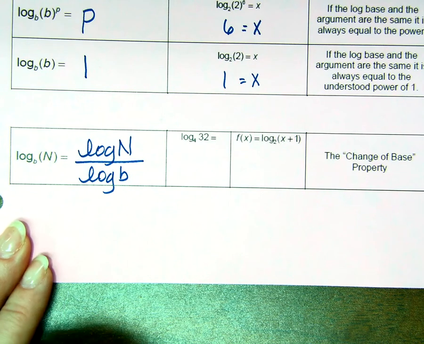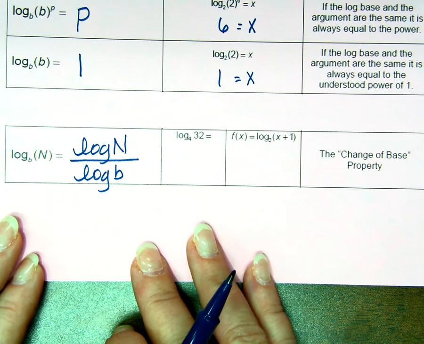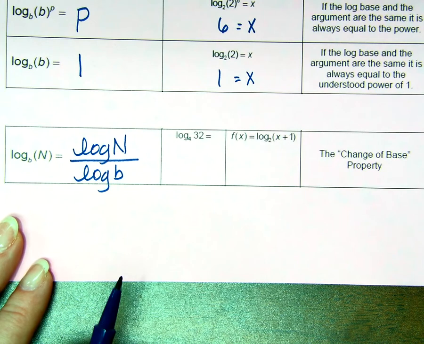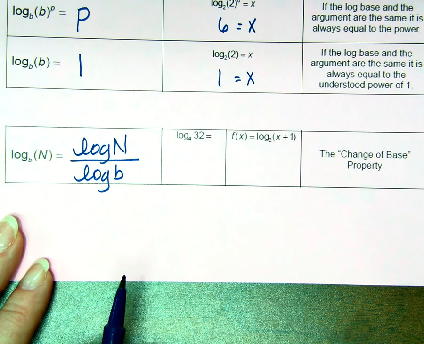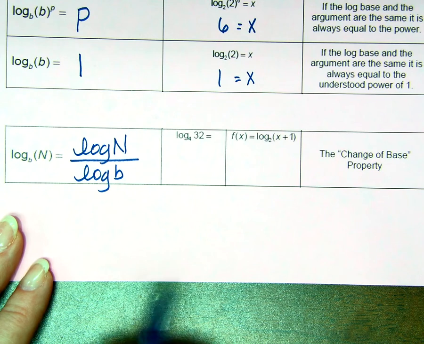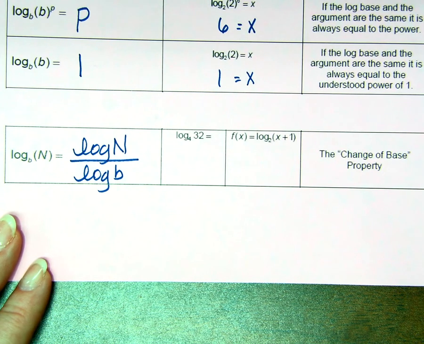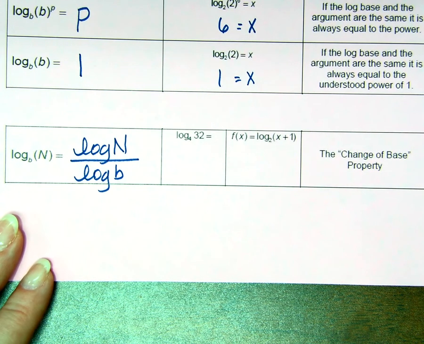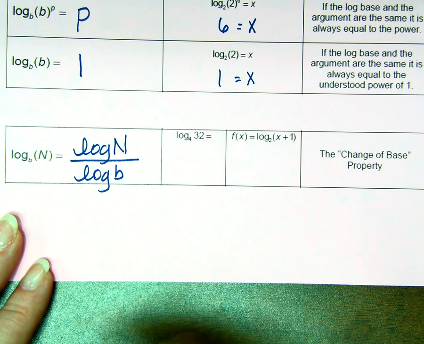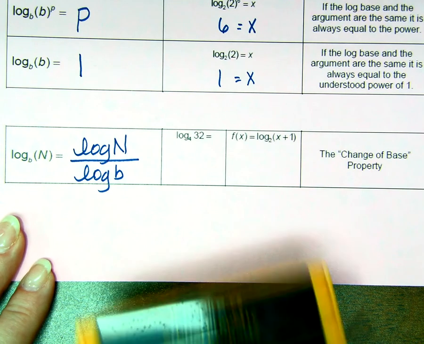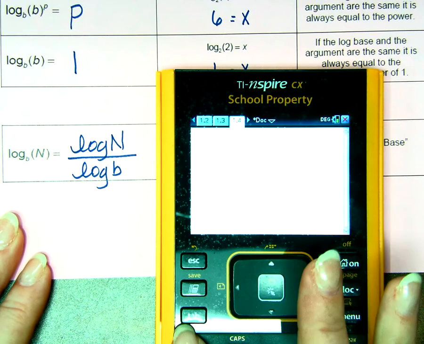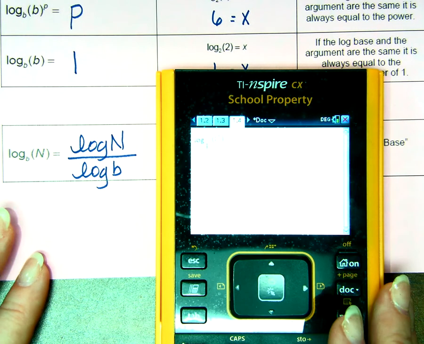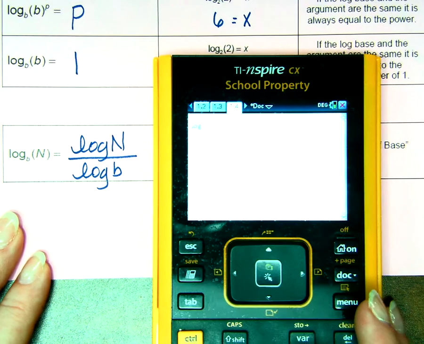Well, here's the other reason why I laugh. We don't care about this. We don't have to care. We used to have to care because we used to have calculators that could only do log base 10 and log base e. That was it. Now, if I turn on my calculator and I press the log button, it automatically asks me, what base would you like to use?